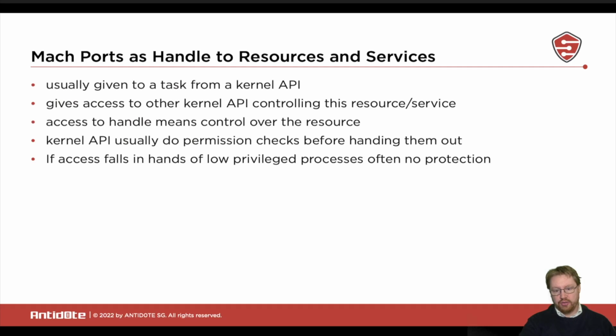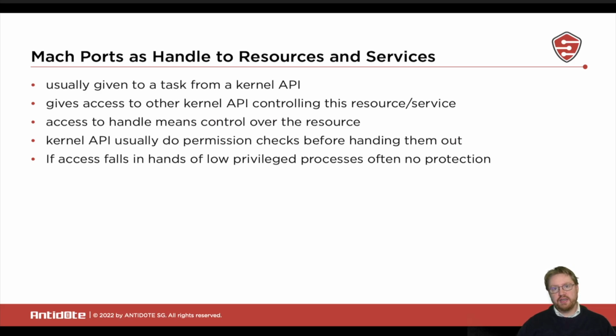Yes. So let's look a little bit more at the usage. So the first usage for Mach ports is basically using them as a handle to a resource or a service. This could be, for example, a kernel object. This could be a subsystem for Mach or other similar things.